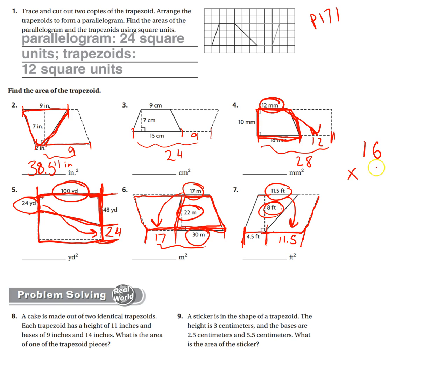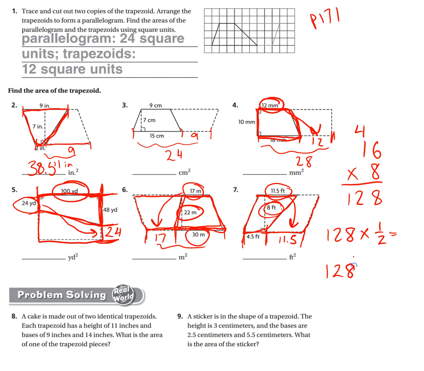So base times height gives us our parallelogram. 8 times 6 is 48. 8 times 8 is 64, plus 4 is 68, giving 128. And then once we have the area of the parallelogram, we want half of that to find the area of the trapezoid. So we can take 128, multiply it by 1/2, and that will give us our final answer.